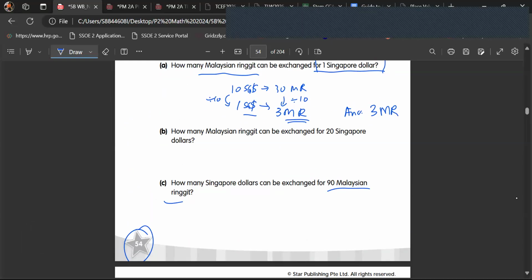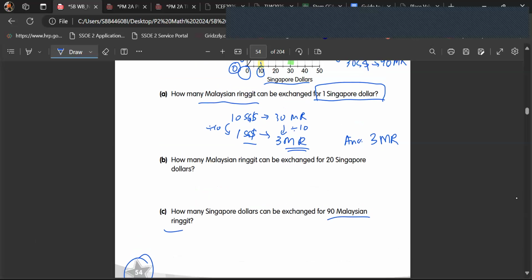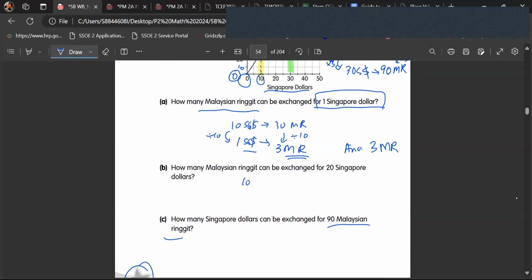If you are confident that you're correct, because it's a method mark and answer mark, you are confident with your answers, you may get both marks. Of course, it will be helpful to write, because if you make a mistake, you can at least get a chance for a method mark.